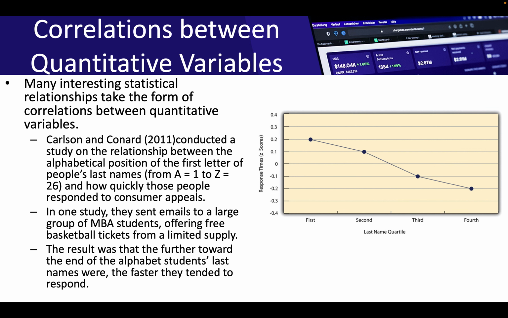But by the time you get to the W, X, Y, Z, those people have already had all these other people being offered the tickets, and they've had a lot of time to think about it. So they know if they want it or if they don't. So this makes a lot of sense because we do a lot of things in alphabetical order. Classrooms are always arranged in alphabetical order. They tend to be, especially in primary and secondary school.